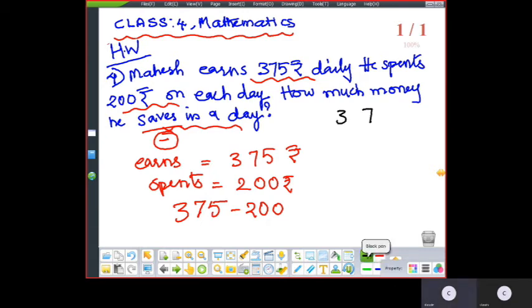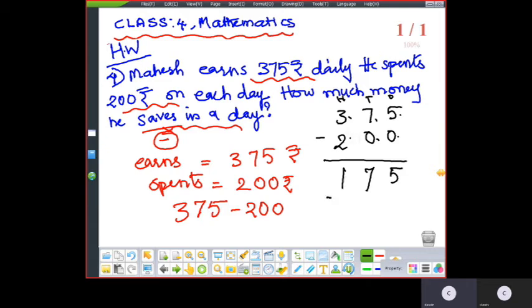So 375. Differentiate it with 1s, 10s, and 100s. Write separately. Minus 0, 0, 2. Excellent. So it is a simple subtraction. 5 minus 0 is 5. 7 minus 0 is 7. 3 minus 2 is 1.